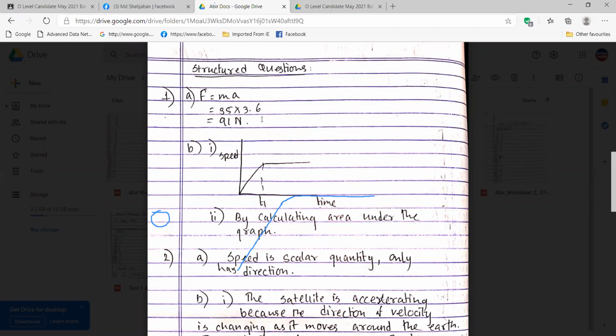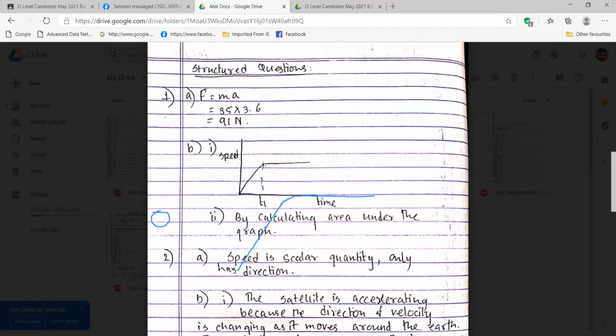Sir, I think both are similar, your one and my one. Is it okay? You gave a little bit of the decrease in acceleration.